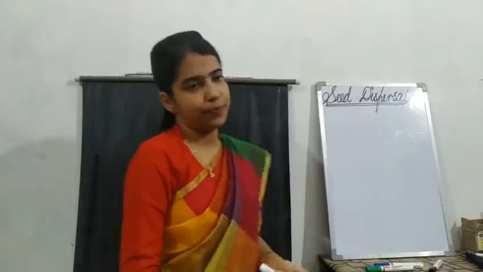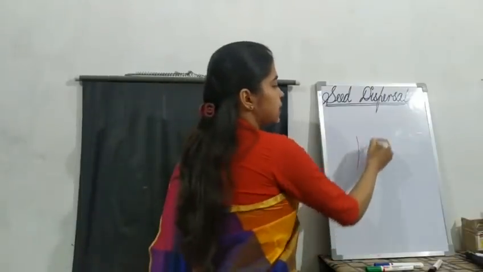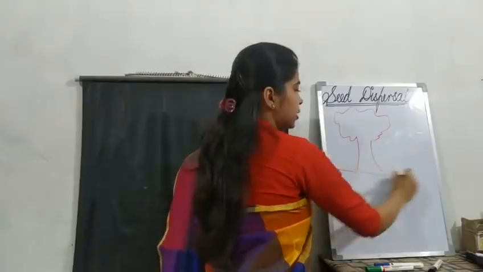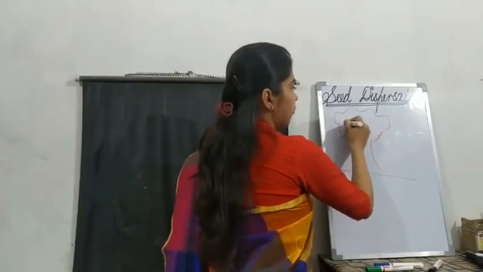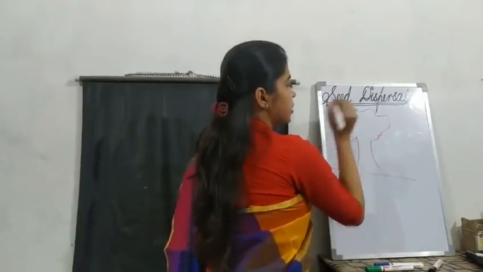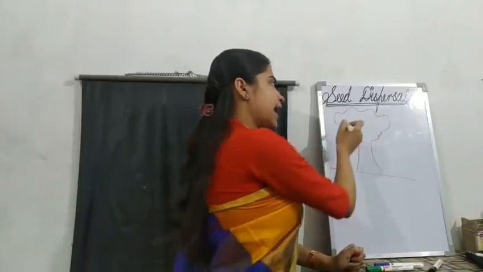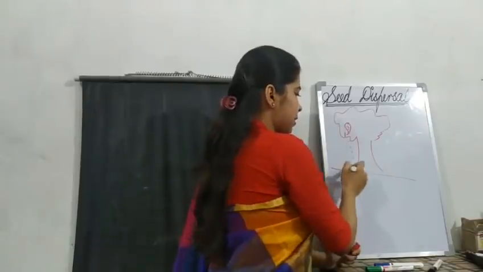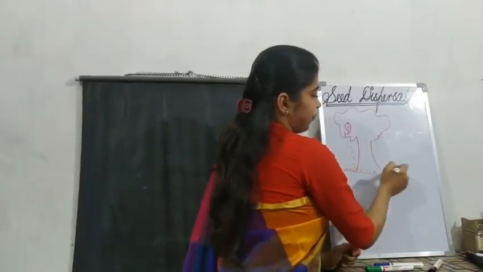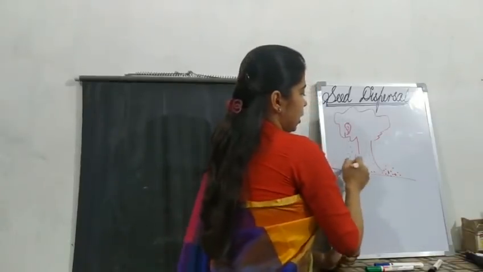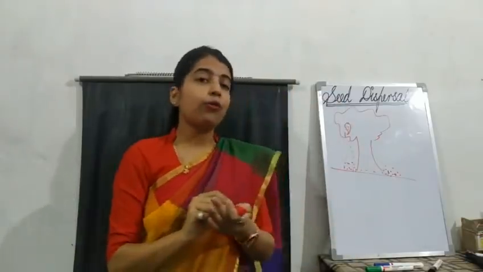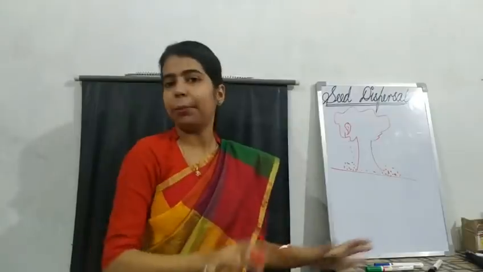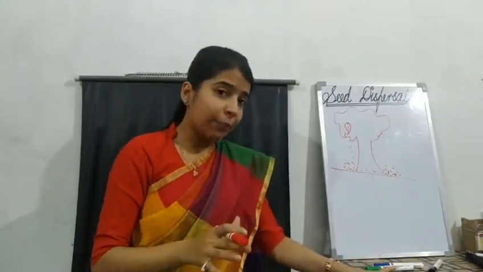See, suppose this is a plant having many fruits in it, and they have seeds. Suppose all the seeds of the plant fall at the same place, nearby the plant, what will happen?